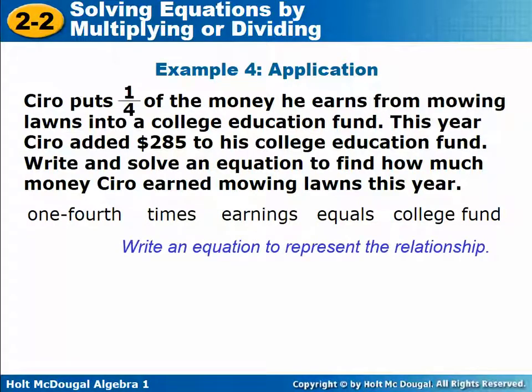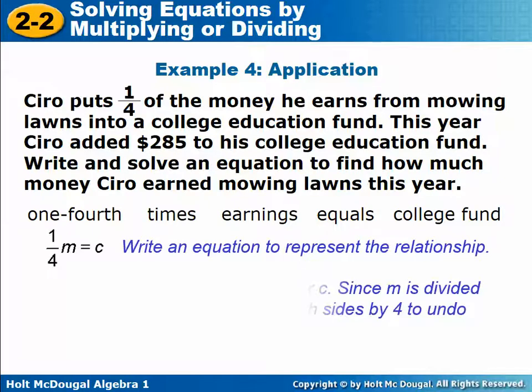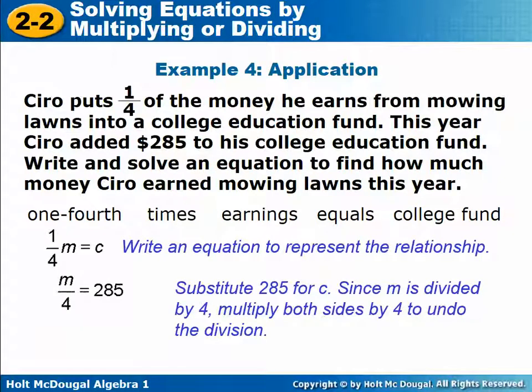So 1/4 of his earnings equals $285. They wrote that as m/4, but you could just multiply both sides by the reciprocal, which is 4 as well. You could have left it as 1/4 times m. And then they got their answer of $1,140 is what he earned.